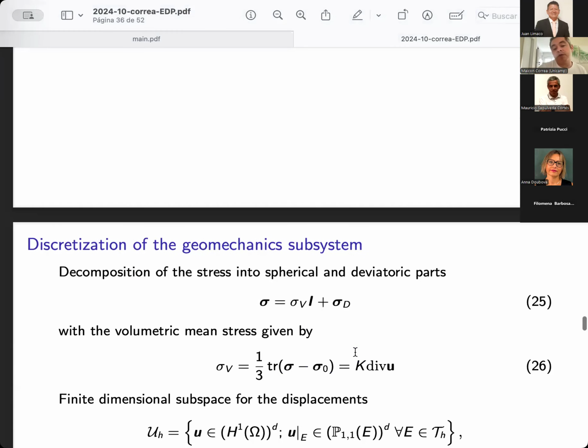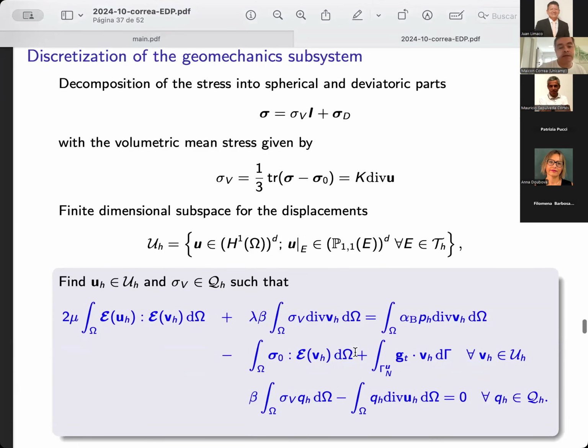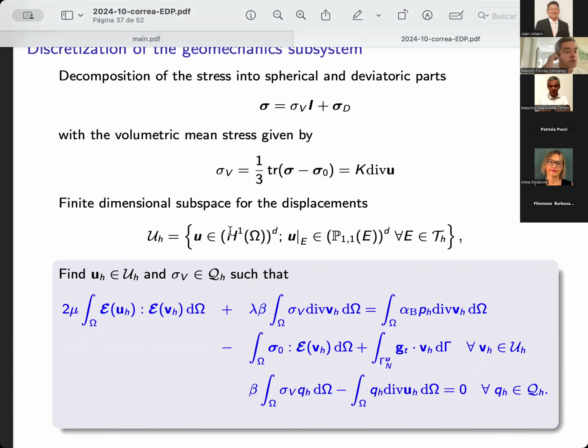And finally, for the geomechanics. The geomechanics, as I said, we decompose the stress into parts. This part here we call the spherical part, and it's related to the divergence of the displacement. And we use here a mixed finite element formulation for the geomechanics that is posed in terms of the displacement.